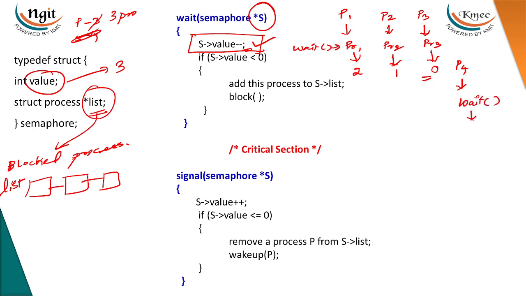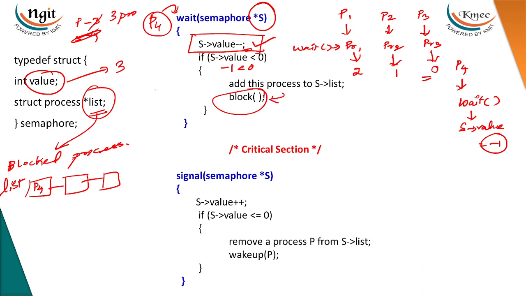So S of value will become -1. Now for P4, it executes wait function: is -1 less than 0? Yes. So the first process that will enter the list is P4, because it will be blocked. It will execute block.